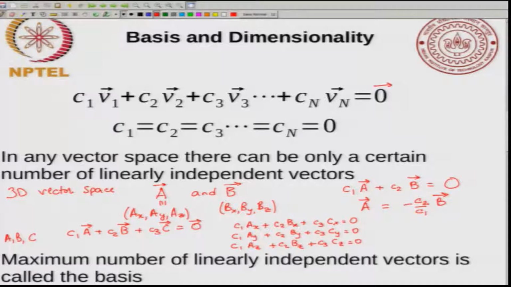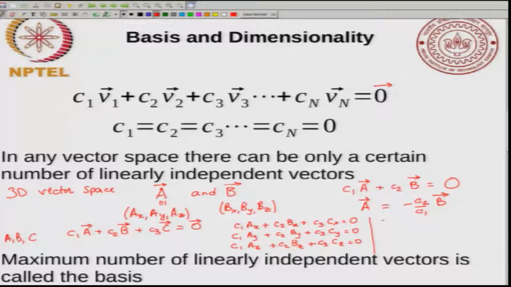You might remember from the theory of equations that these are all homogeneous linear equations, if you think of C1, C2, C3 as variables. All these are satisfied for C1 equal to C2 equal to C3 equal to 0, but we want a non-trivial solution, where C1, C2, C3 are not all 0.